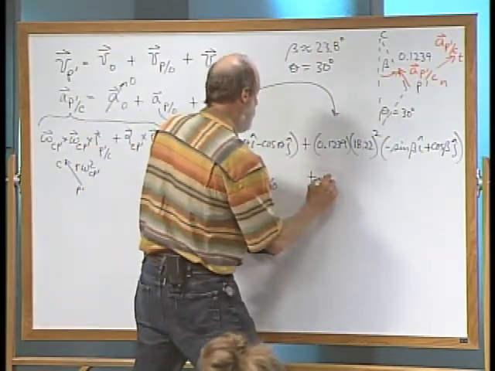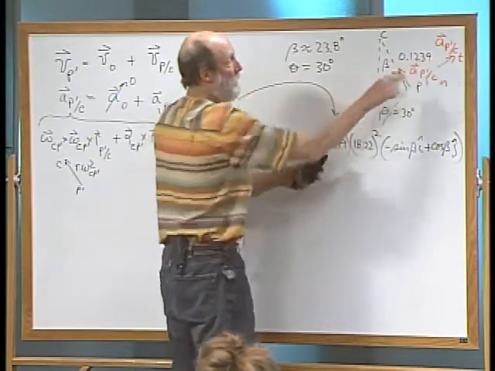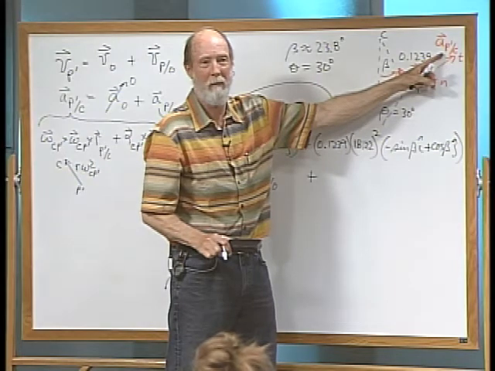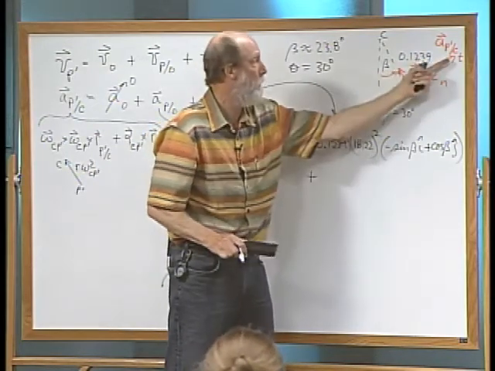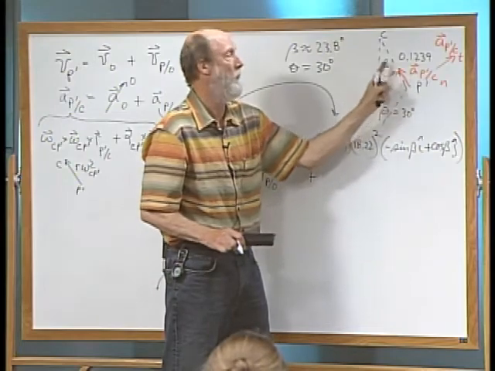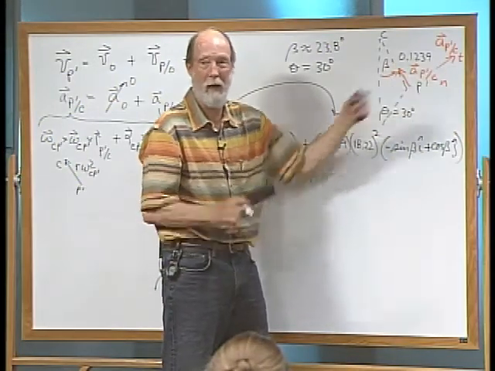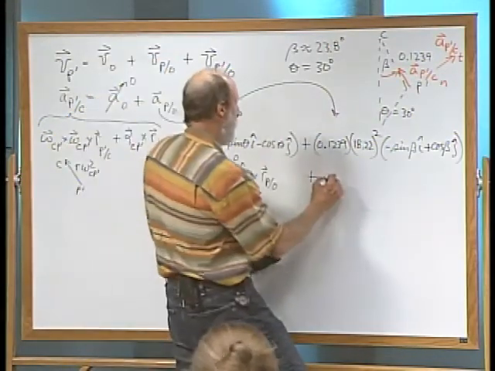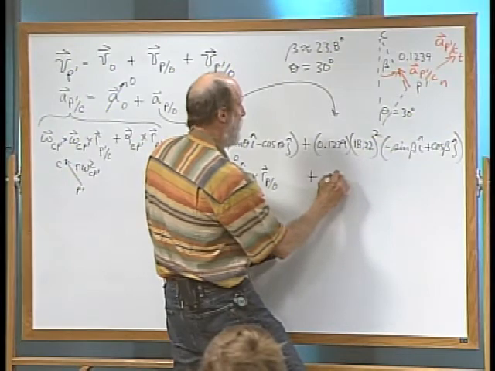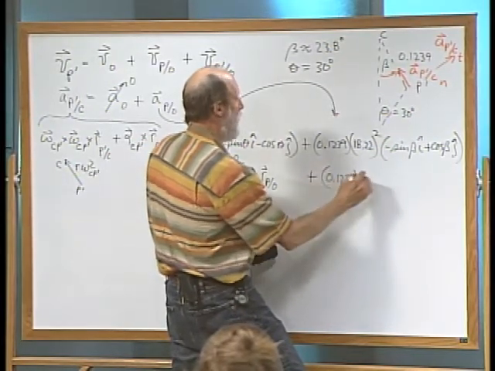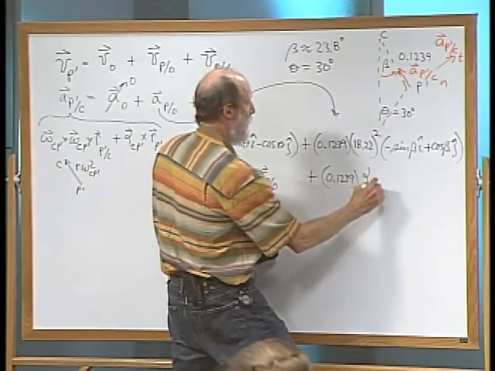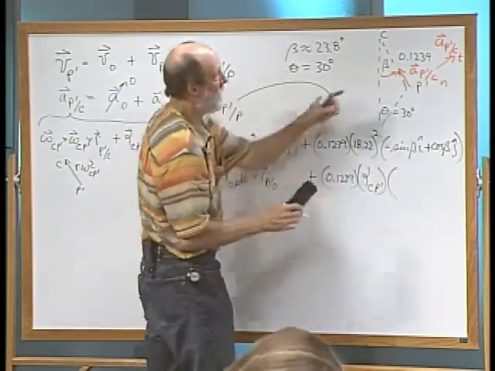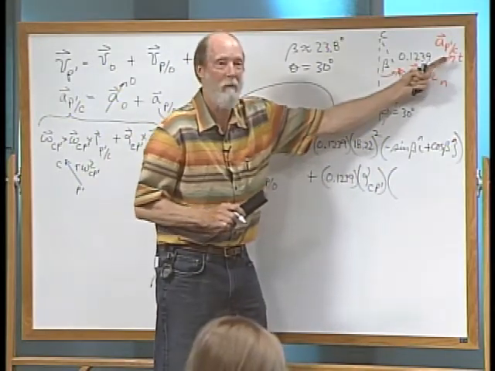So then we're going to add to it the unknown, and I think what might be easiest, folks, is just write this as an R alpha term, and then make sure you point it perpendicular to this normal that we just had. It's quicker than doing alpha cross R. So let's do that. And again, we have that lever arm 0.1239 and the unknown alpha of member CP prime. That's our scalar magnitude. And then we need a direction that is in that tangency.